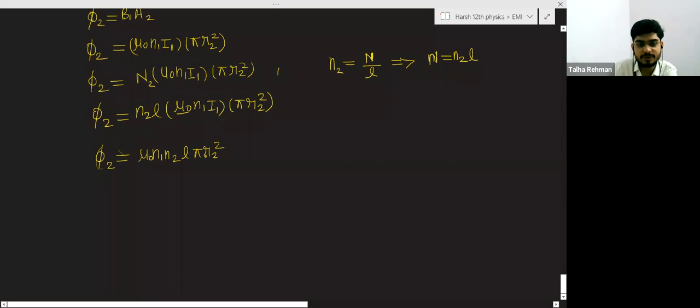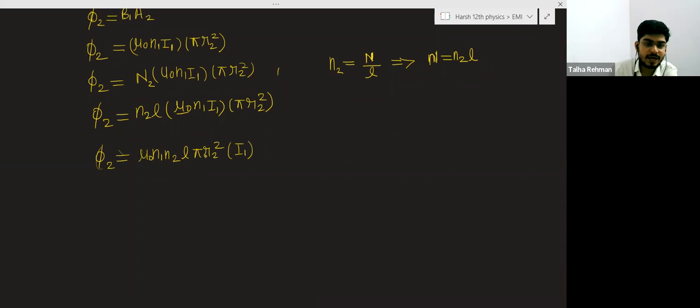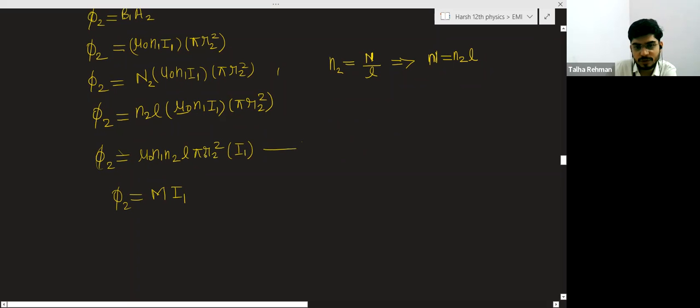And I have told you phi 2 is equal to the coefficient of mutual induction into I1. So suppose this is your equation number 1, this is your equation number 2.